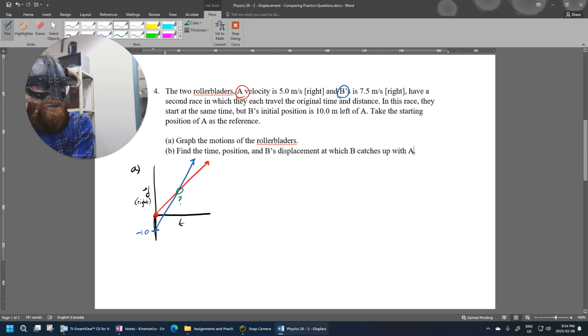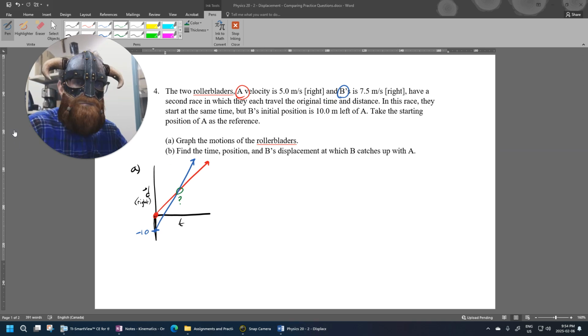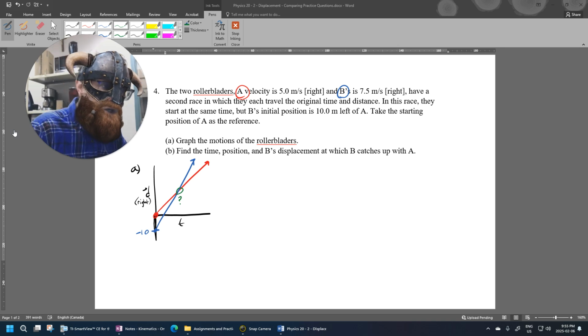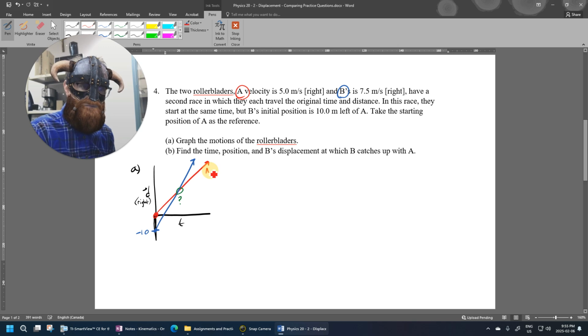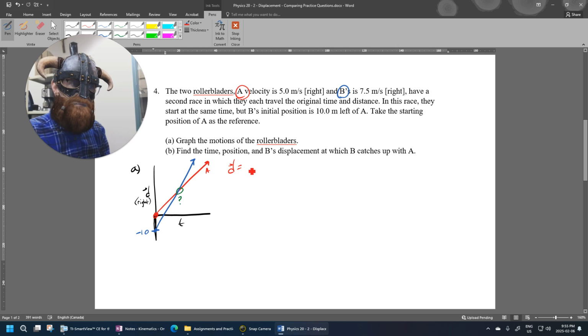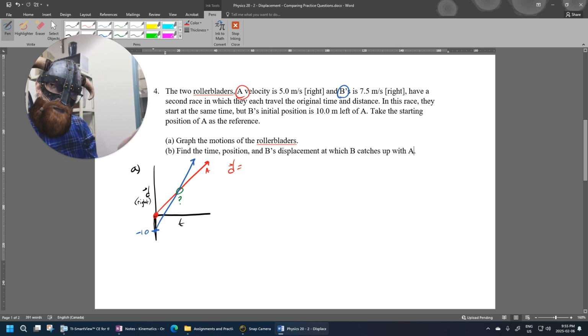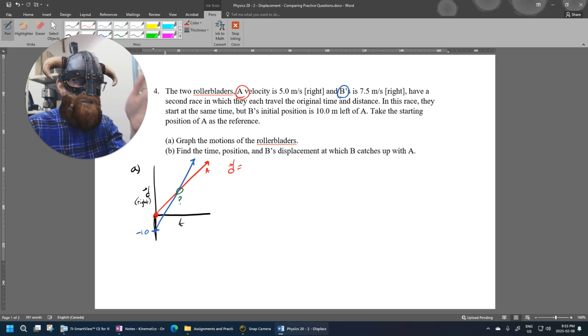Similarly to the roller skater ones, but rather than a time head start, this guy's getting a distance head start. So we're going to create some equations for these characters. A's equation, I'll just mark it A, is going to be y = mx + b, but instead of the y, I'm going to use d. d = m, and this is a position time graph, so the slope of this graph is its velocity, which they just give to us.